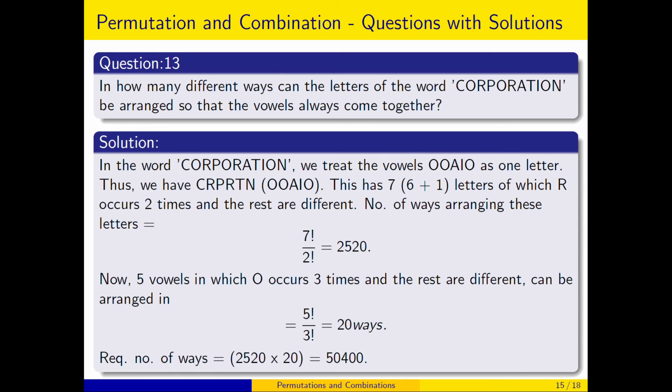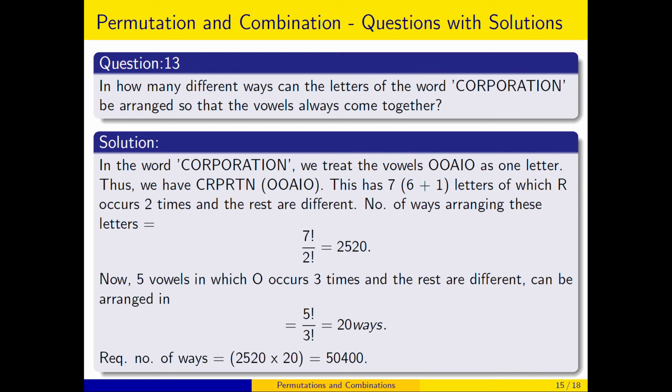In the word CORPORATION, we treat the vowels O, O, A, I, O as one letter, and we have the consonants C, R, P, R, T, N. This has 7 letters, because 6 consonants plus 1, of which R occurs 2 times and the rest are different. So the number of ways of arranging these letters is 7 factorial divided by 2 factorial, because R is repeated 2 times.